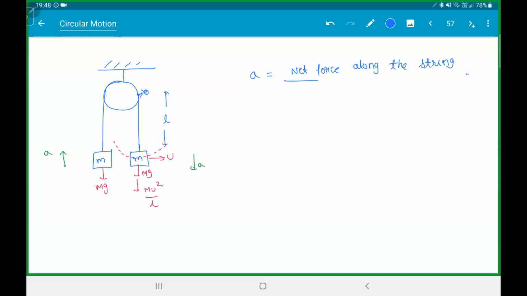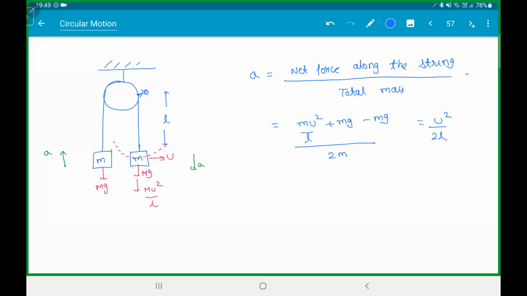Net pulling force method, we have done in NLM. The only difference is that because you got a horizontal velocity, you get a centrifugal force now. mu square by L plus mg minus mg, by total mass 2m. So u square by 2L. Easy. mg is already there.